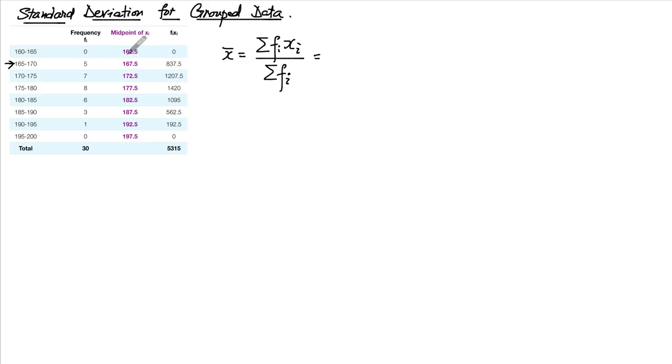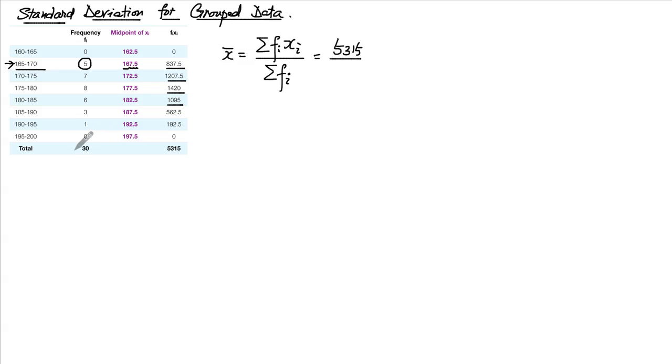Because we don't know the height of the 5 people that fell in this bin, we assumed that all 5 of these males had a height of 167.5, or the midpoint of this particular bin. So we multiply 5 times 167.5 to get 837.5, plus 1207.5, plus 1420, plus 1095, and so on, to get a sum of 5315.